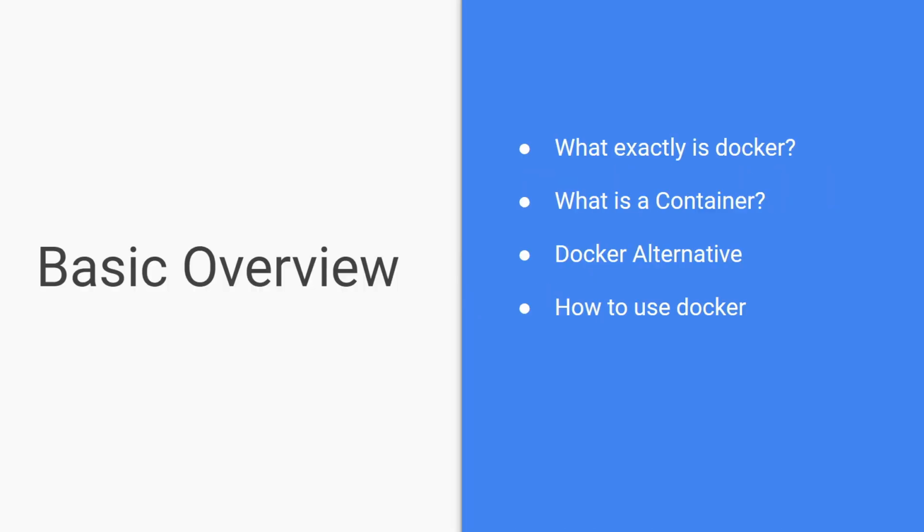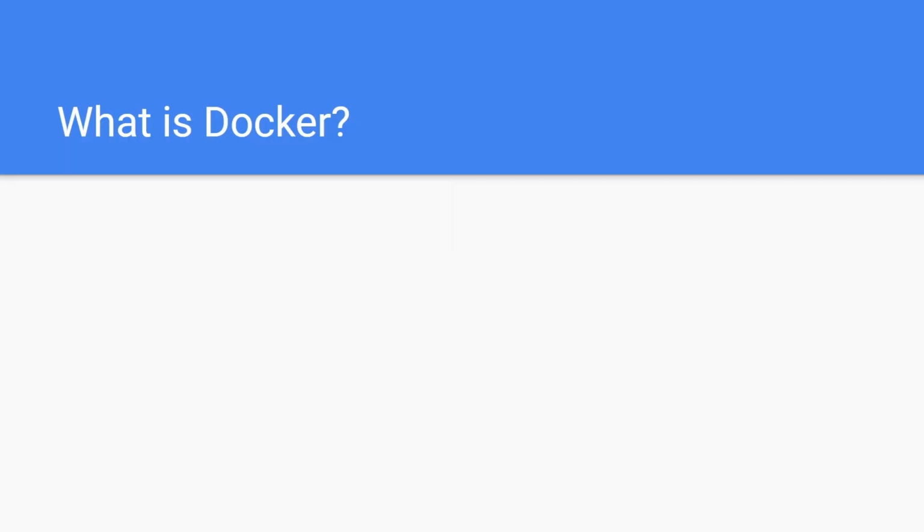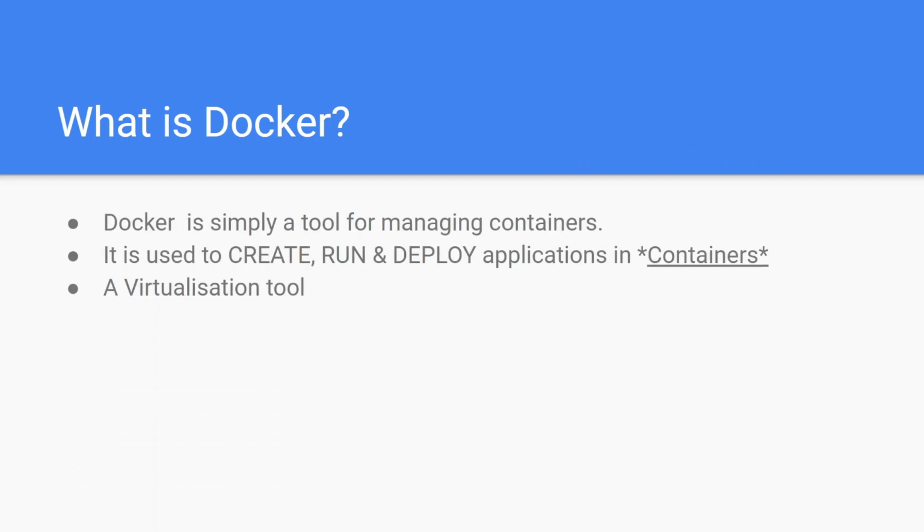So in this course, we're going to have a basic overview of what exactly Docker is. You've probably heard about a container. If you haven't, I'll still talk about this. We'll cover what a container is, the Docker alternative, and how exactly you can use Docker. So for starters, what is Docker? Docker is a tool for managing containers. That's just it.